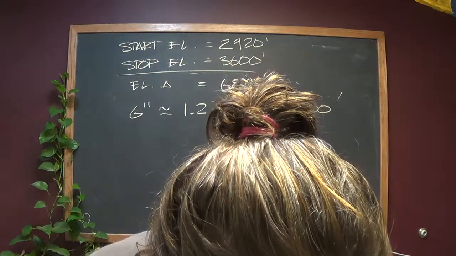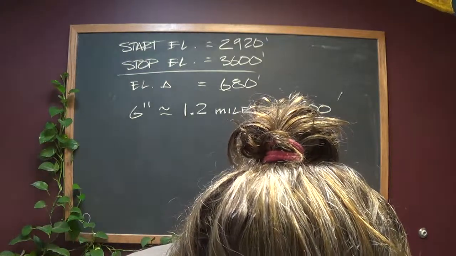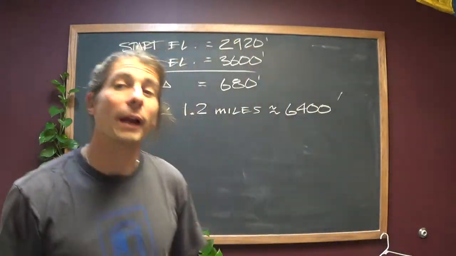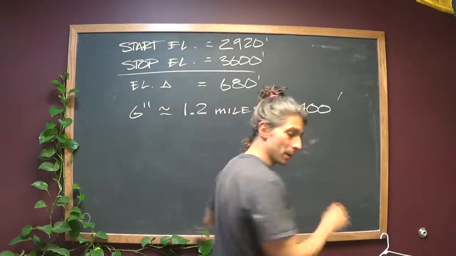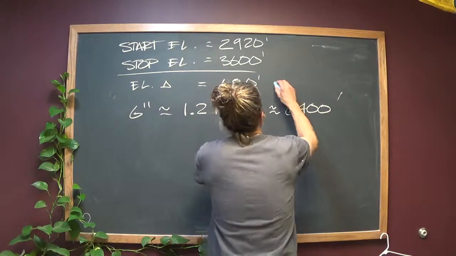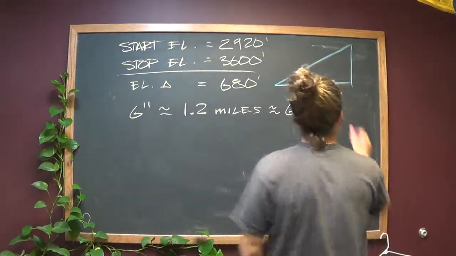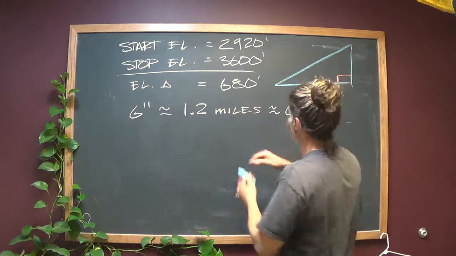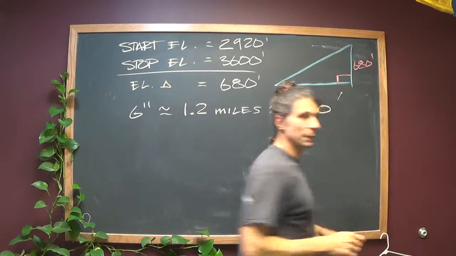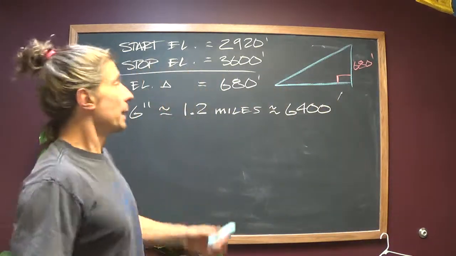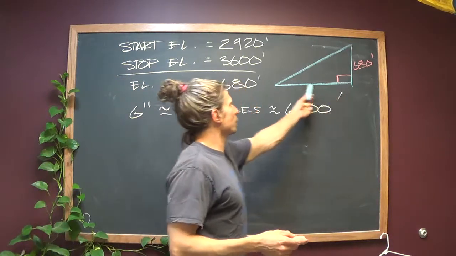And then it says find your run in feet, and I believe I made a footnote about this. Remember why it really isn't the run. That's actually the hypotenuse. If you think about what you're hiking on Burma Road, the elevation change of 680 is clearly the rise. In order to do the grade, which we're about to do, you need to have the run.